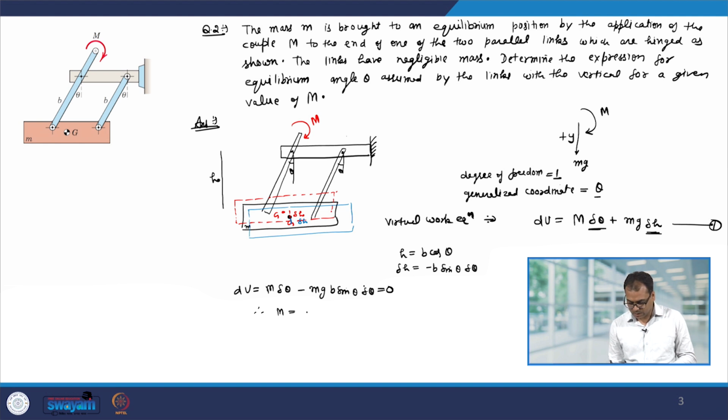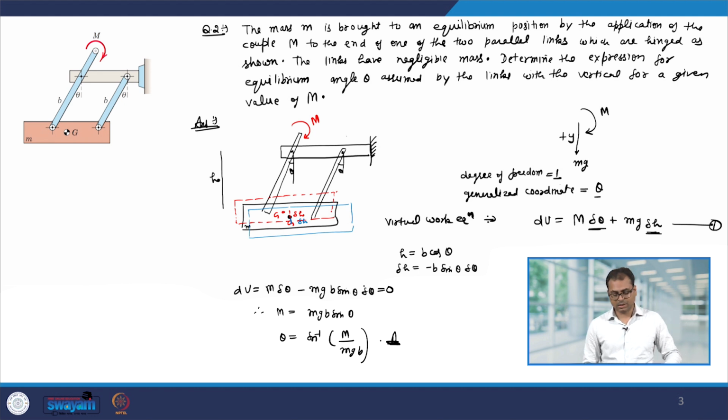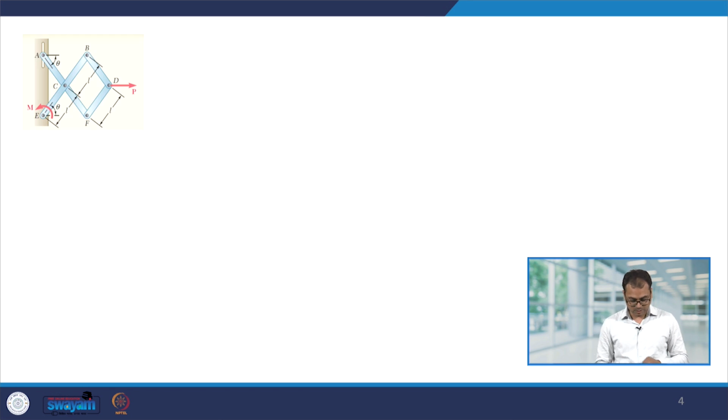Therefore, m is mgb sin theta or theta equal to sin inverse m over mgb. This is the condition for the equilibrium. That means, to maintain this at an angle theta, you have to apply a moment m, and the relation is this.